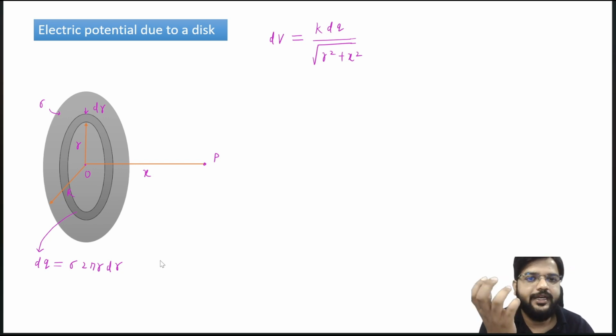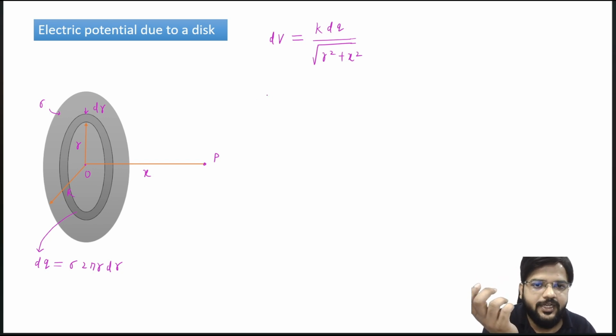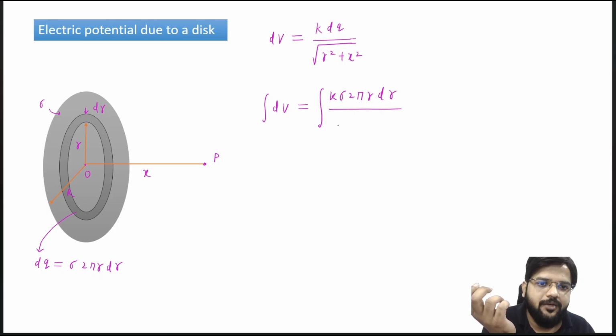Alright, so we need to integrate here. We will integrate on both sides. Put the dq value, which is sigma 2 pi r dr, divided by under root r square plus x square. Correct?